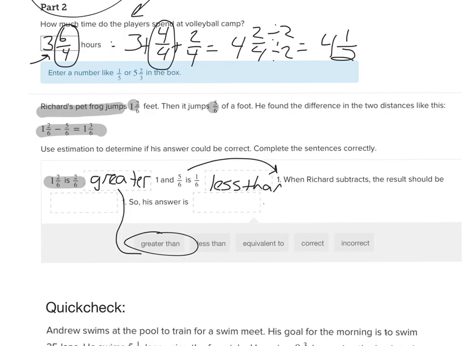When Richard subtracts, the result should be what compared to 1? Okay, so if we're starting 1 2/6 more than 1, and we're taking away less than 1, then his answer should be less than 1.